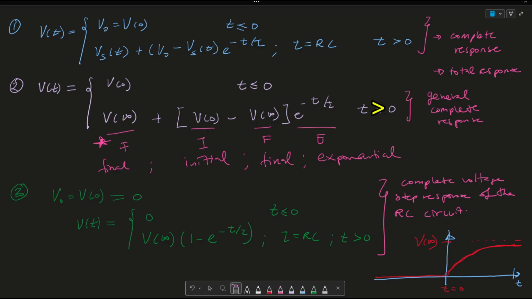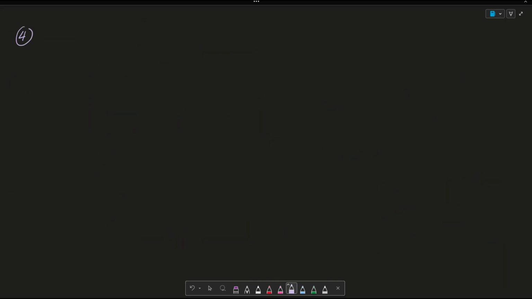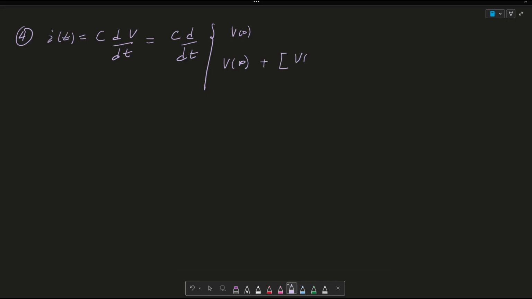Okay, so the last thing we want to do now is conclude some information about our current I of t in the circuit. So the next point, call it point 4, since I of t is equal to C dV over dt, this becomes C d over dt of V of infinity plus V of 0 minus V of infinity times e to the minus t over tau. This is for t less than or equal to 0 and t greater than 0.